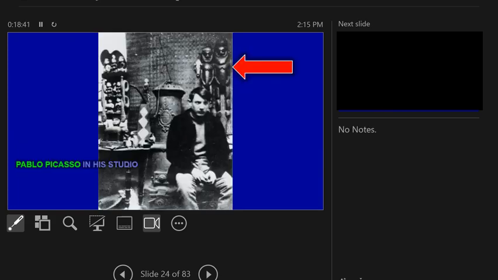And here we have a photograph of a young Picasso in his studio, and you can see in the background he has bought some things from the curiosity shop. I really want to stress hard that African art is a huge influence on modern art, just like Japanese art was a huge influence on Impressionism and Post-Impressionism.